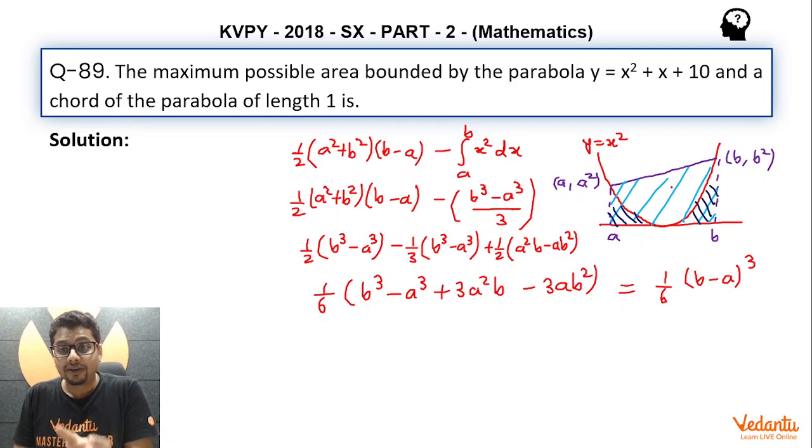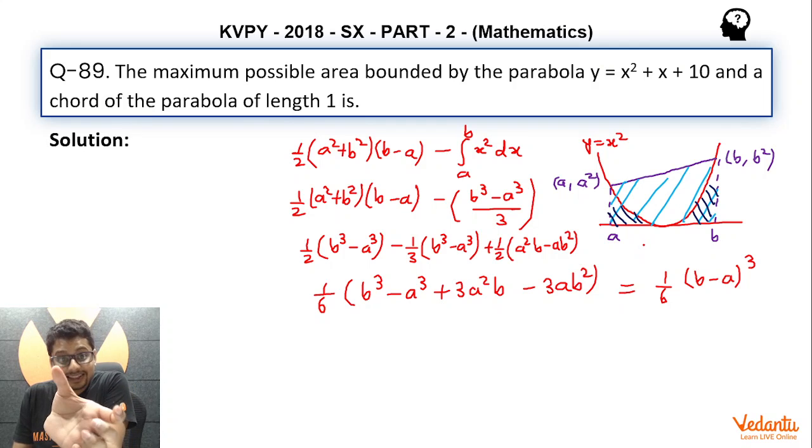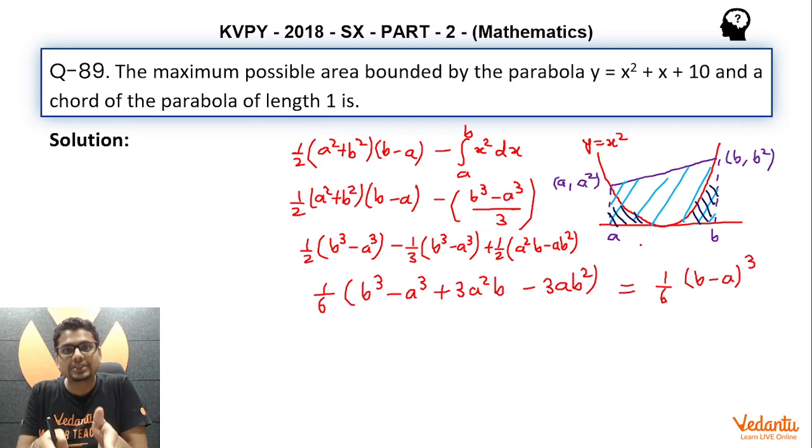It is when this chord is parallel to the x-axis, then the whole chord will be the projection, and b minus a would be the maximum possible, 1. Otherwise, if it is slant like this, then the projection would definitely be less than 1. Why? Because this length is 1. So its projection will be less than 1. So that way you can say 1 by 6 is maximum.